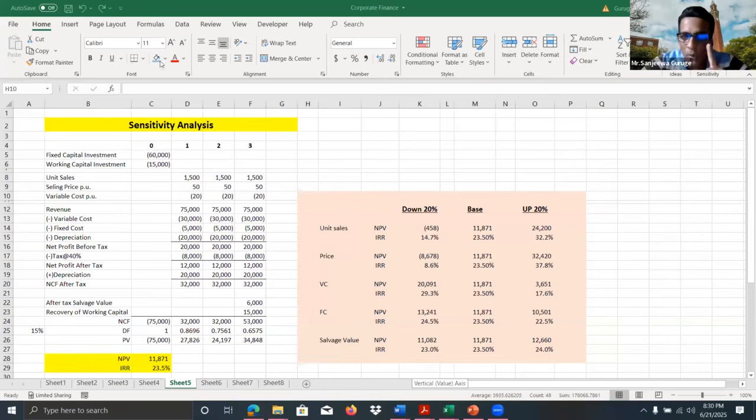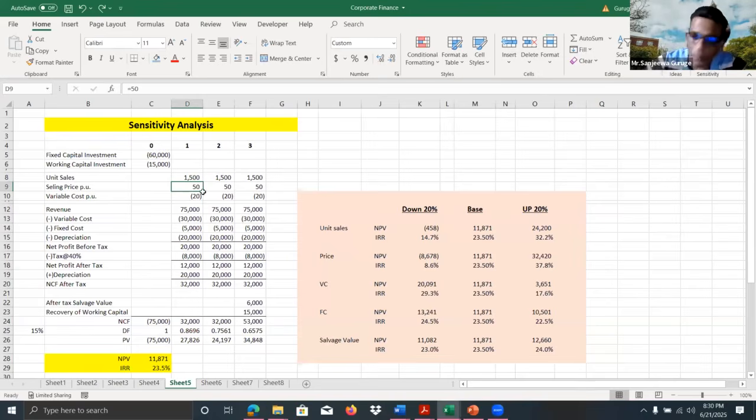What is the meaning of this? We can see the most sensitive variable for this project. Because these are all estimated values, we have to do further analysis to make sure that the selling price has been estimated correctly.